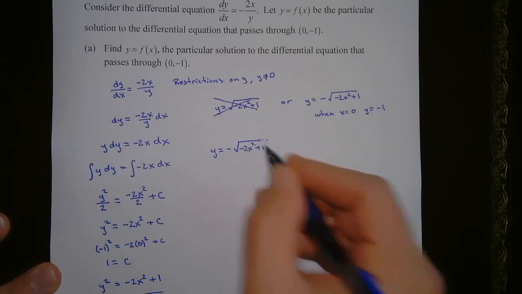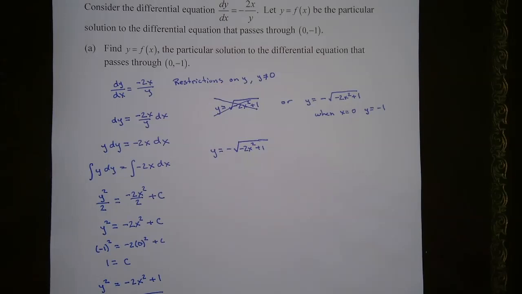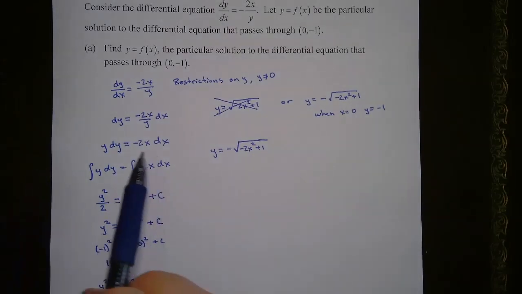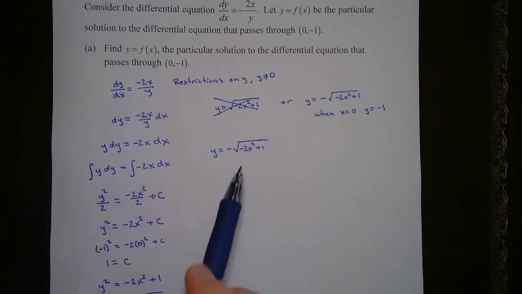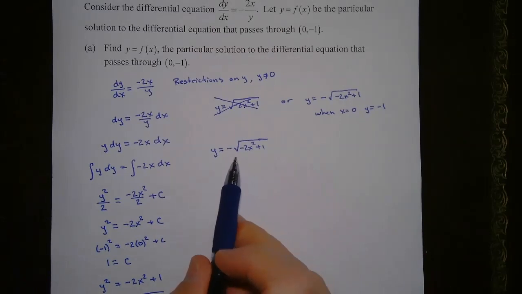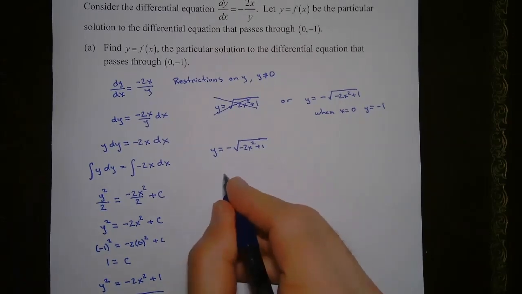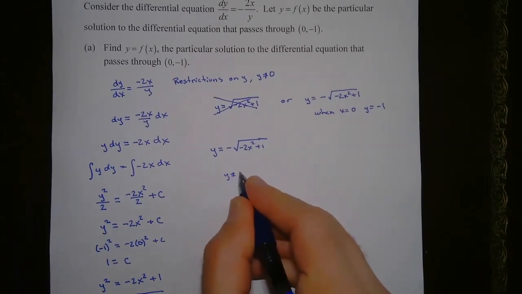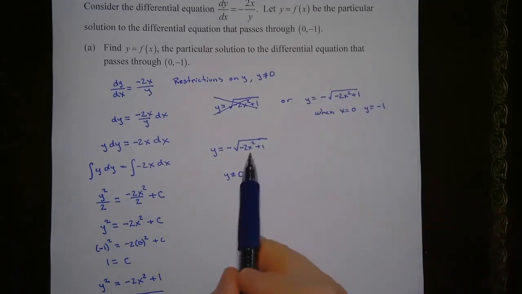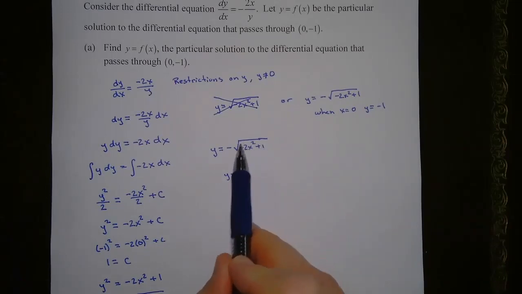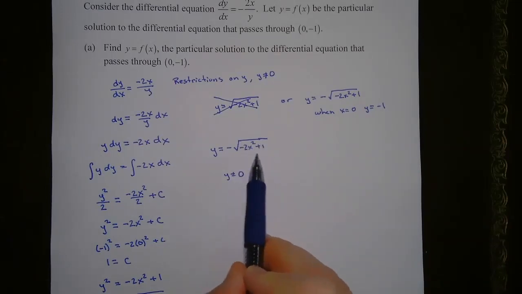Okay, so now we have to worry about our domain restrictions. There was a restriction originally on the differential equation: y couldn't be 0. There's also another restriction right here. So we have two things. y cannot be 0, and the other thing is this has to be positive, or greater than or equal to 0, but it can't be 0 because of this one.